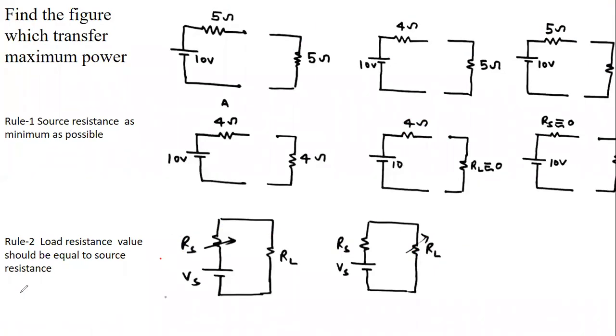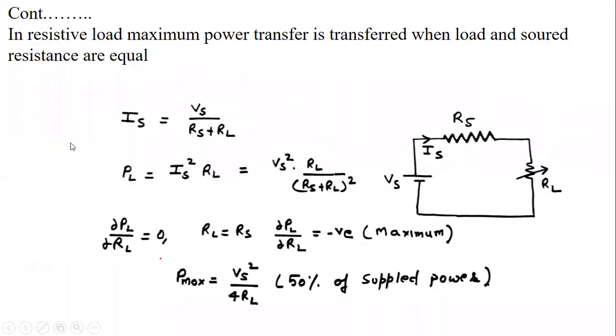Now see, here we have shown a case. Here the source resistance Rs is fixed, and we have to find the value of RL so that maximum power is transferred. For the mathematical expression, the current I is the voltage divided by the total resistance, Rs plus RL.